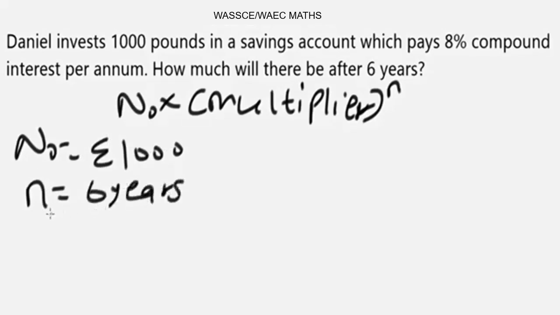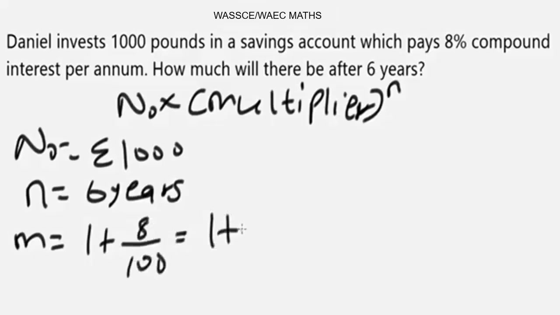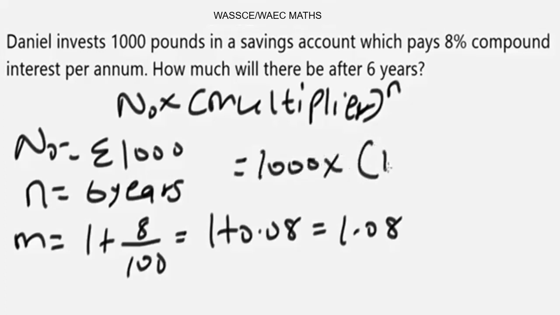And the percentage change multiplier will be 1 plus, since we are looking at an increment here, 8 over 100, which will give us 1 plus 0.08, which gives 1.08. When you plug these values into the formula, we're going to have 1000 times 1.08 to the power n, which is 6. Let me punch it on my calculator and see what I'm going to have.